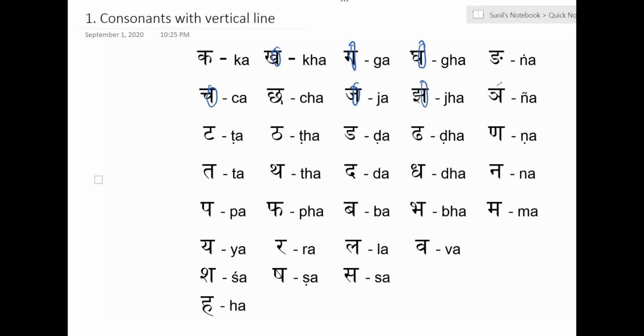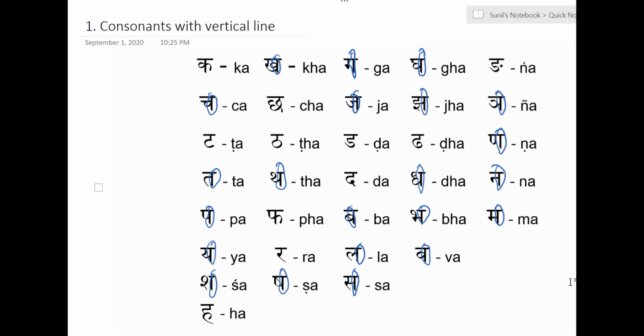Cha, Nya, Na, Ta, Tha, Dha, Na, Pa, Ba, Bha, Ma, Ya, La, Va, Sha, Sha, Sa. So here you can see that all these consonants have a vertical line at the end.